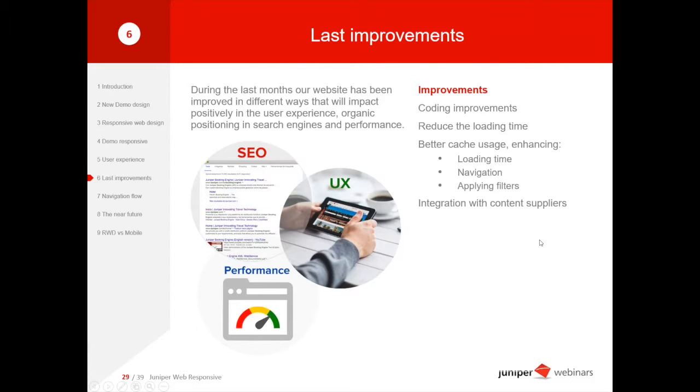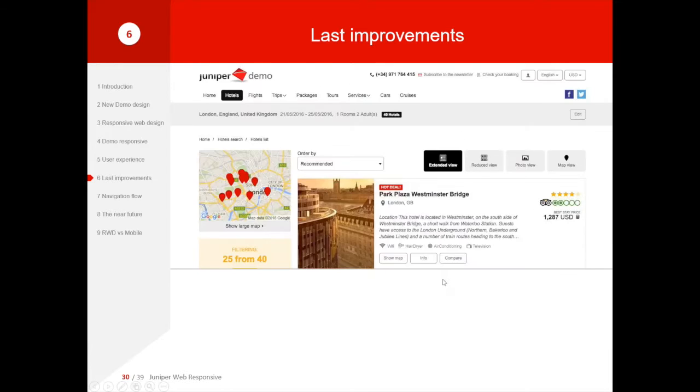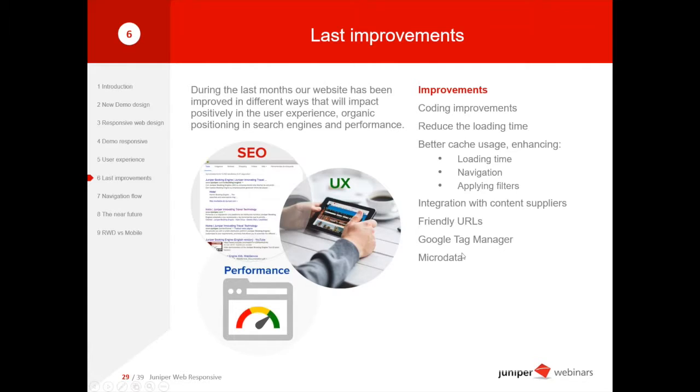Okay, so thanks to this integration, we can have better resolution regarding images, or better content regarding, I don't know, hotel description or amenities, etc. We have friendly URLs, so this is really important for the SEO, and it's easier for the users too. Google Tag Manager, microdata. Okay, these three last points are basically regarding SEO, right?